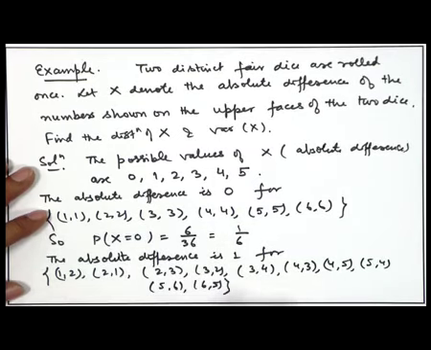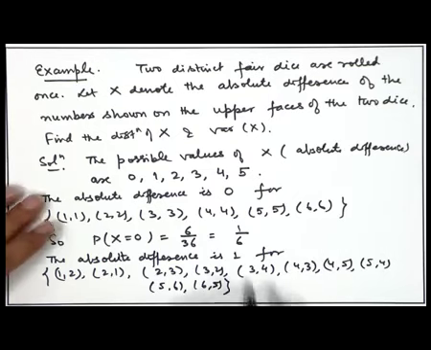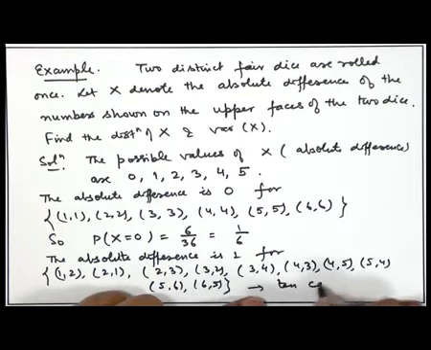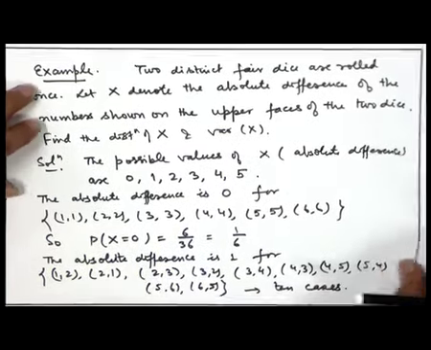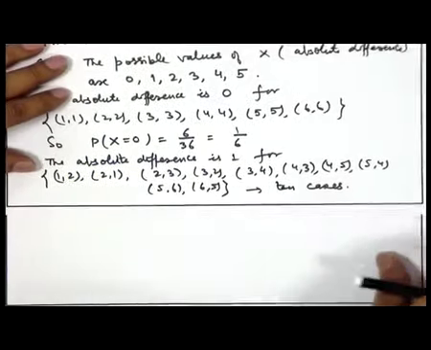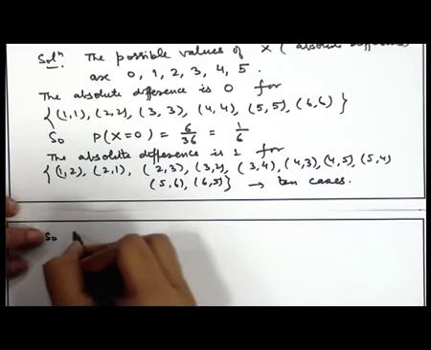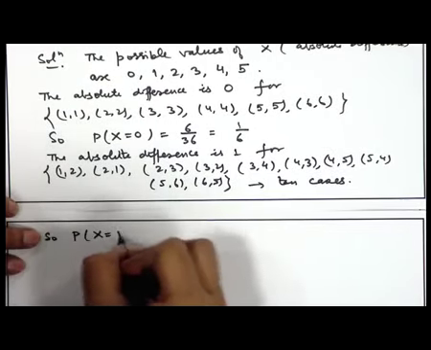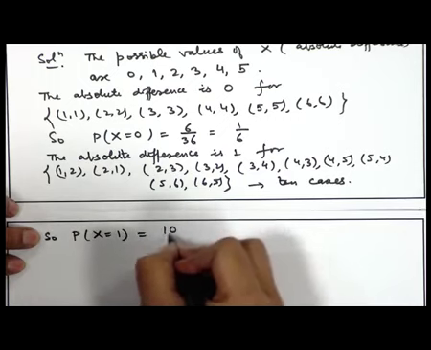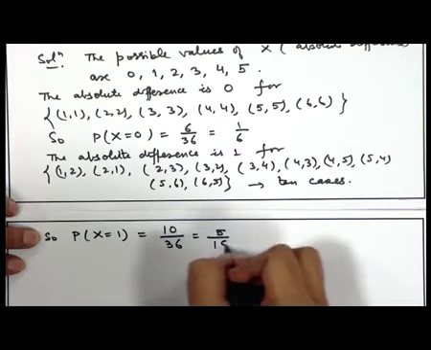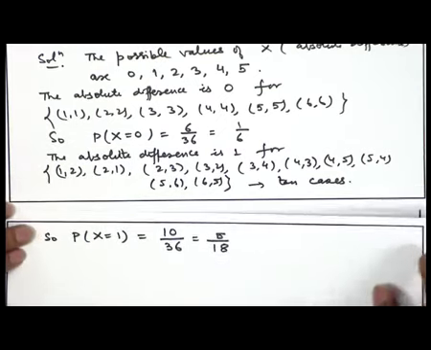The total number of cases is 10. So, what is the probability of x equal to 1? That becomes 10 by 36. You can also simplify it by writing 5 by 18.